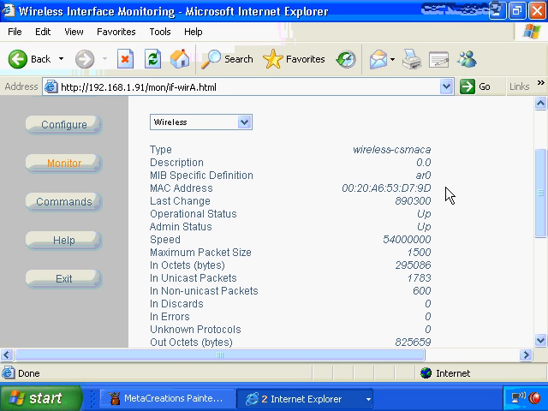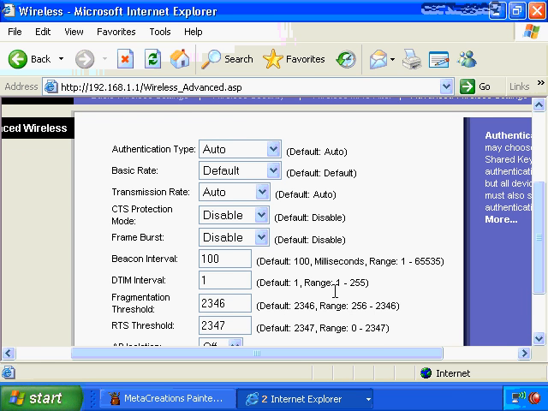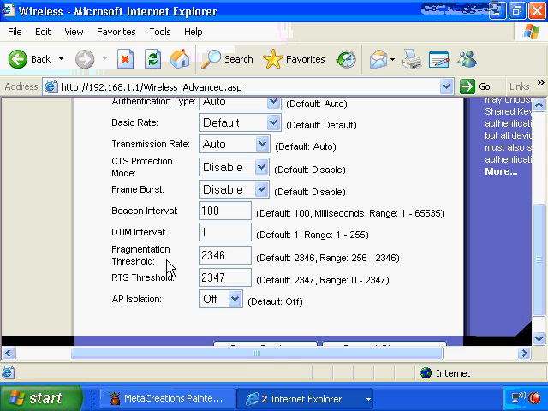Now let's take a look at the fragmentation threshold on another access point, which is a Linksys access point. You can see here that the fragmentation threshold is at the default maximum rate of 2,346, and it's configurable. So what this means is that for this particular wireless access point, it can transmit frames as large as 2,346 on the wireless network.